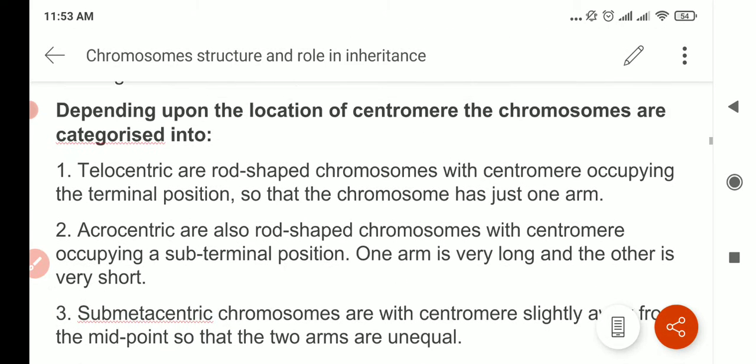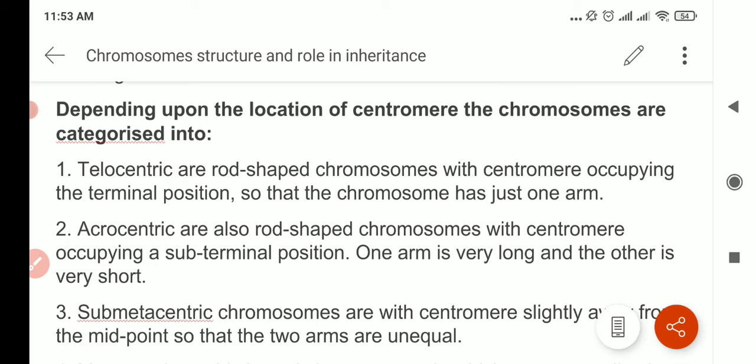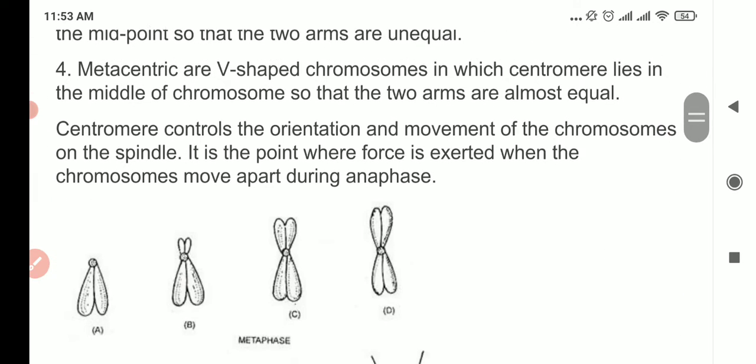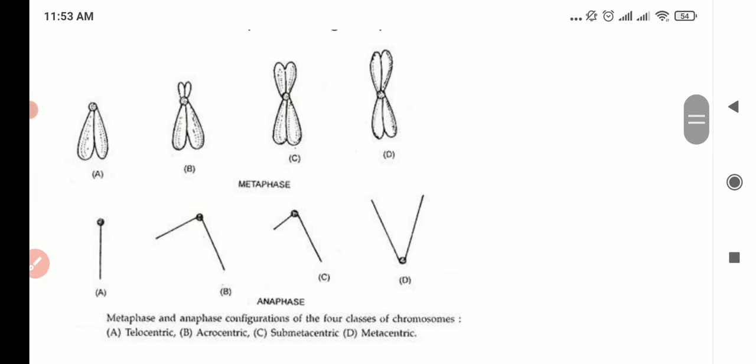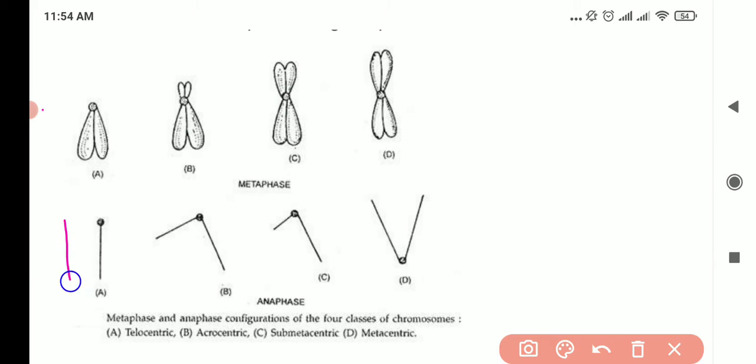We can divide chromosomes into certain categories based on the location of the centromere. Telocentric chromosomes will be rod shaped. See here, number A, this one. Telocentric will be like this rod shape, with one centromere.